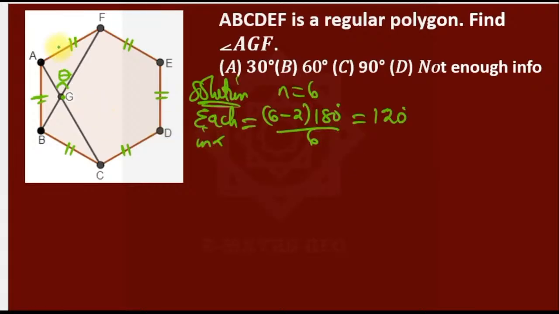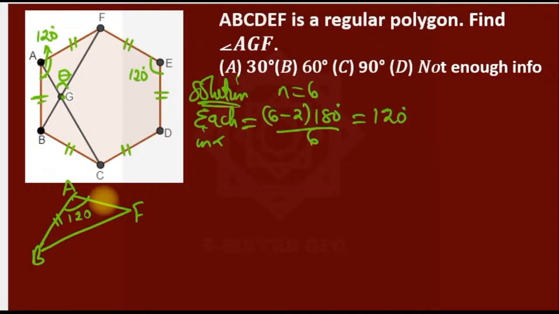Since this angle is 120, this is also 120. If you notice, here is A, B, and F. This is 120, and we have these sides equal.